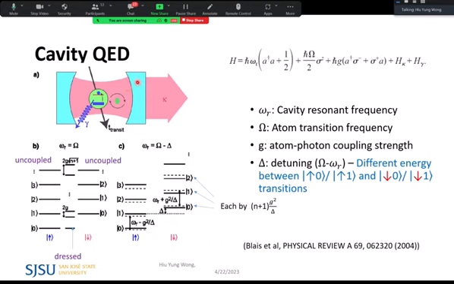They interact with each other, and that is the so-called Hamiltonian describing the interaction. But no worry about this. The most important thing is that I can excite the atom to a higher level by absorbing a photon, or the atom will emit a photon by going to a lower level.